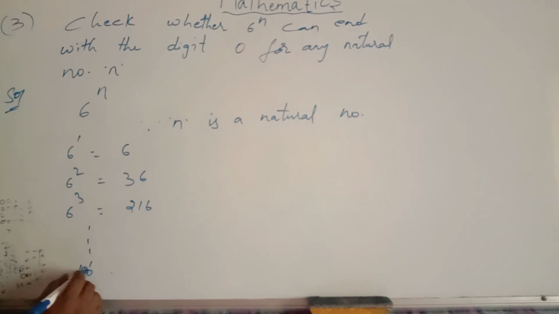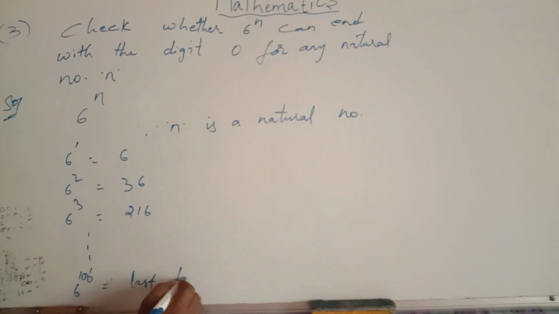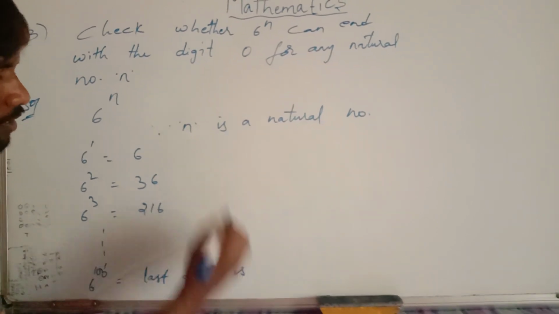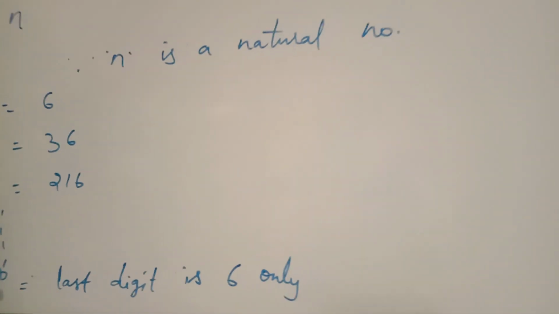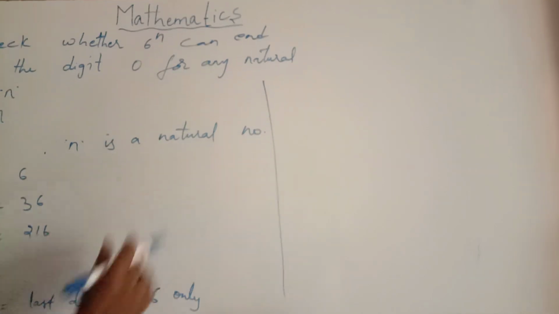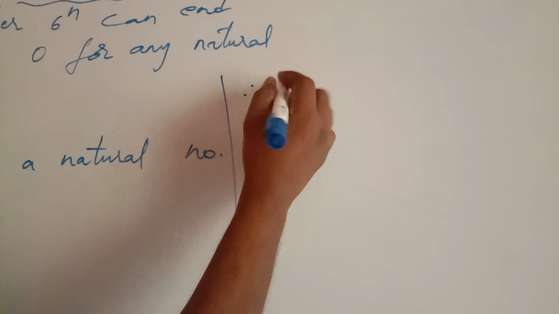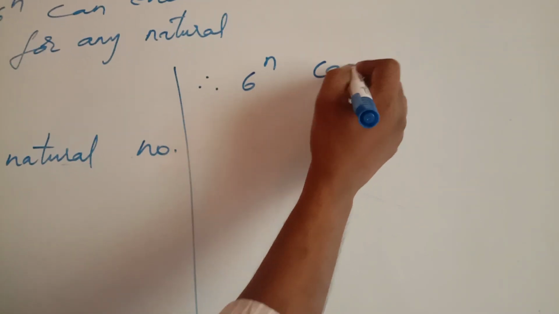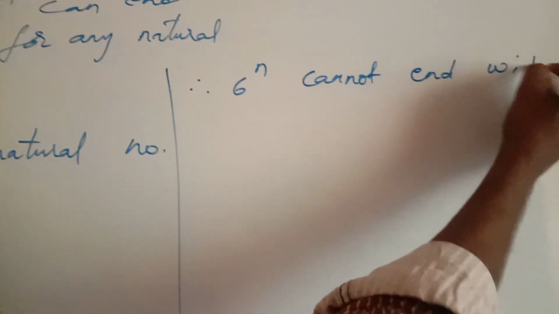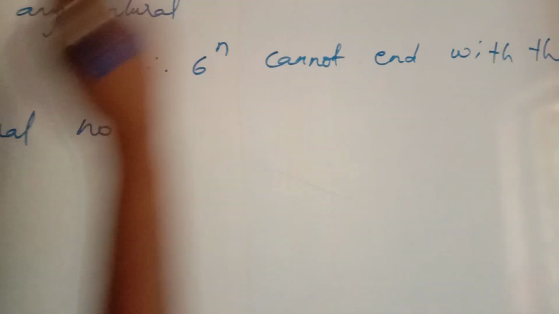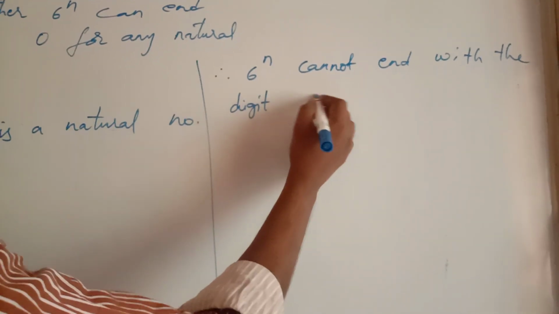Even 6 power 100 has the last digit 6 only. So by seeing this data we can understand that 6 power n cannot end with the digit 0.